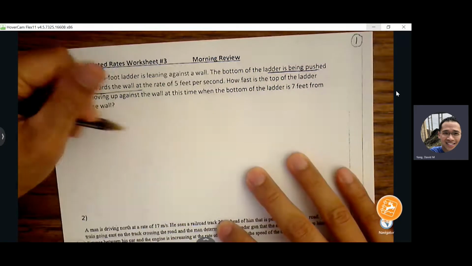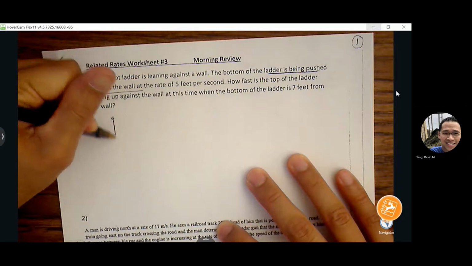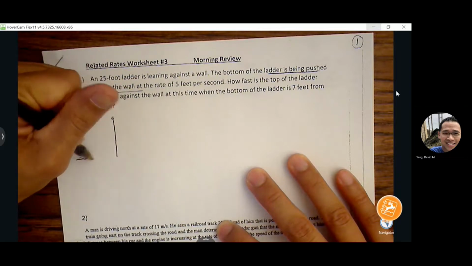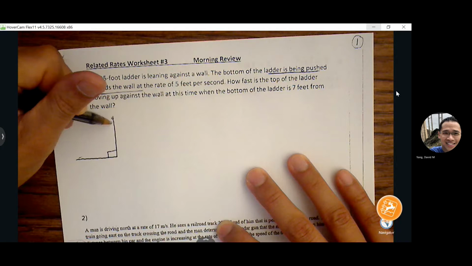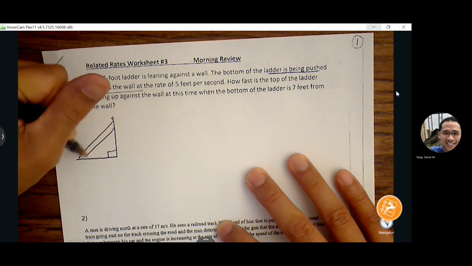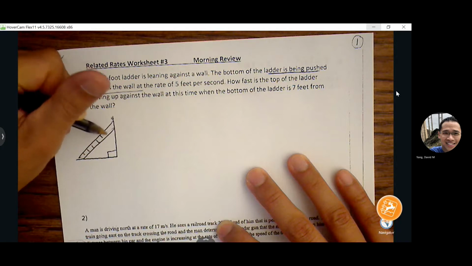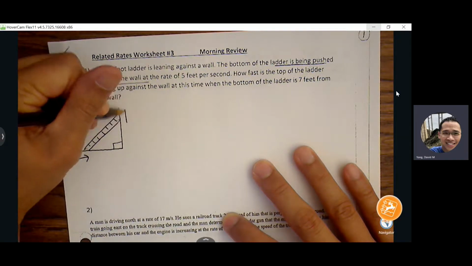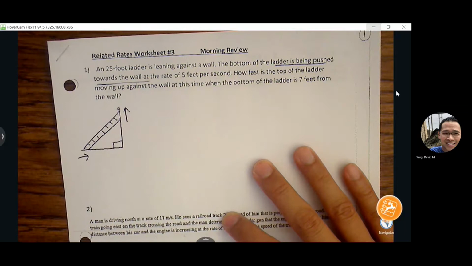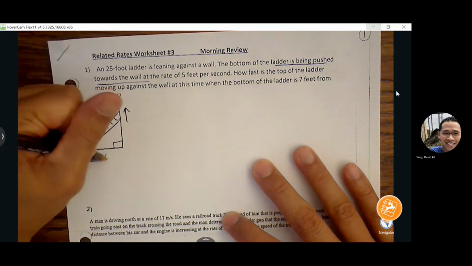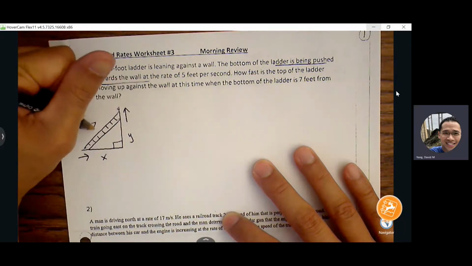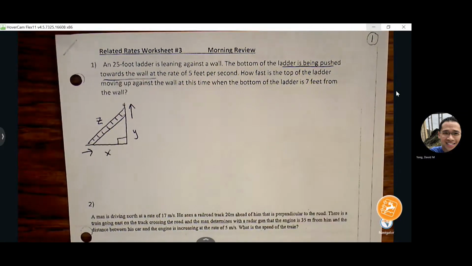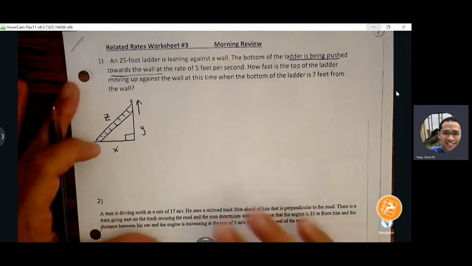Okay, so we're pushing the ladder towards the wall, so the top is going to be going up as well. We know we're working with lengths of sides of a right triangle, so Pythagorean theorem.